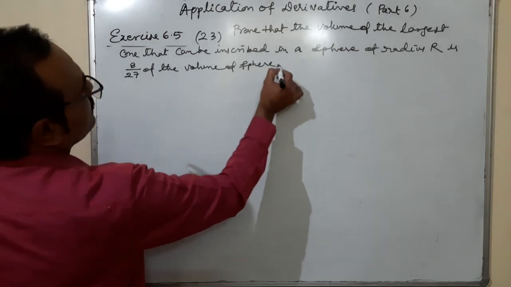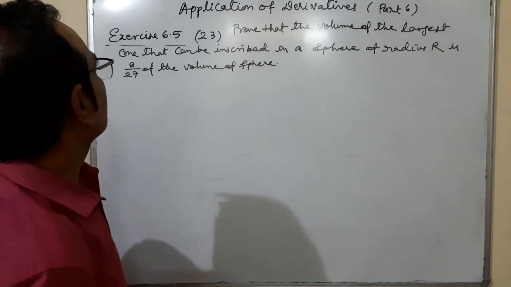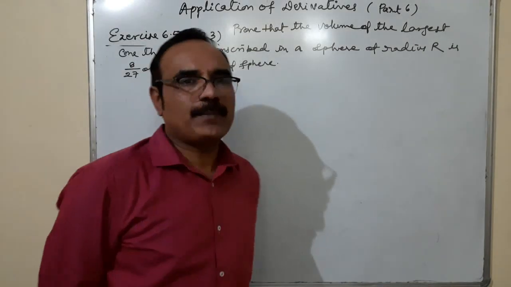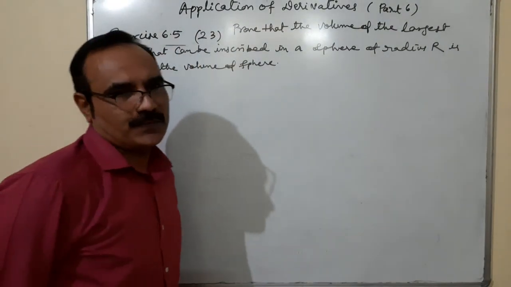Okay. Prove that the volume of largest cone that can be inscribed in a sphere of radius capital R is 8 upon 27 of the volume of a sphere.